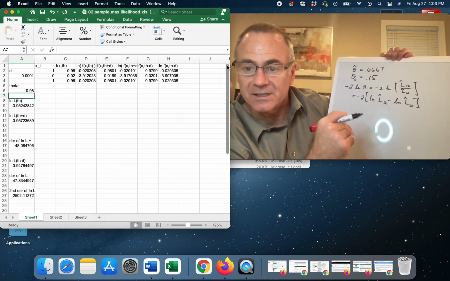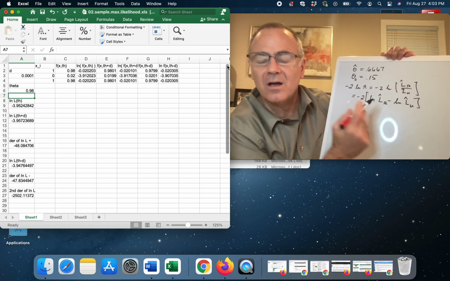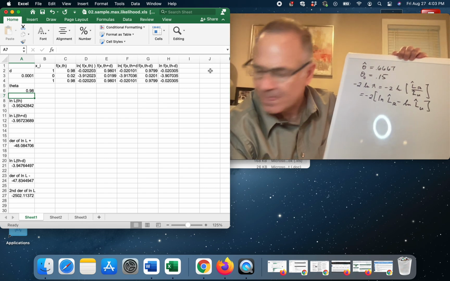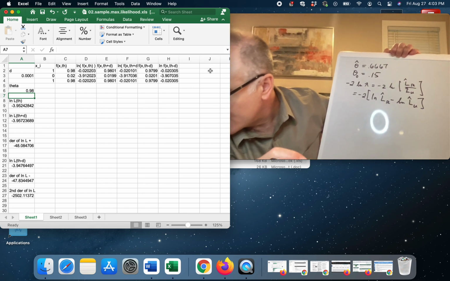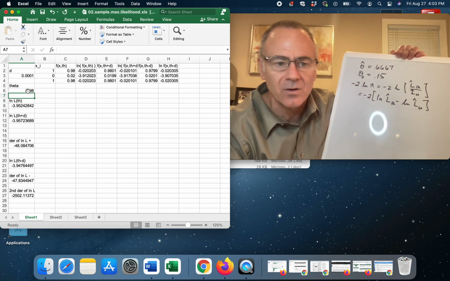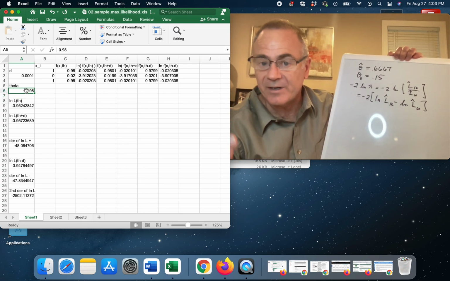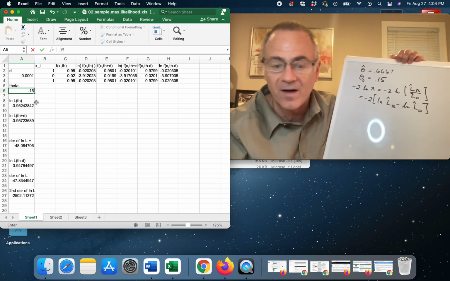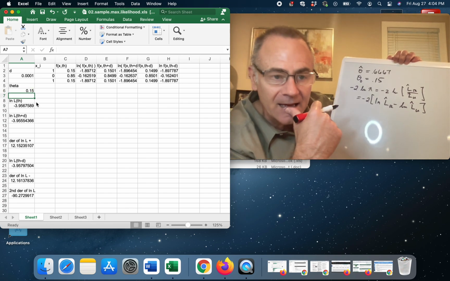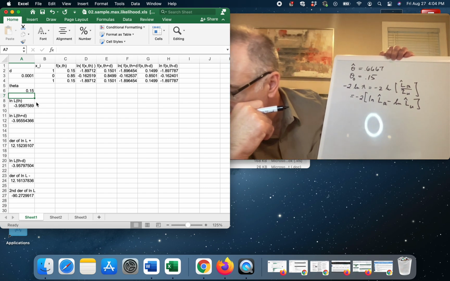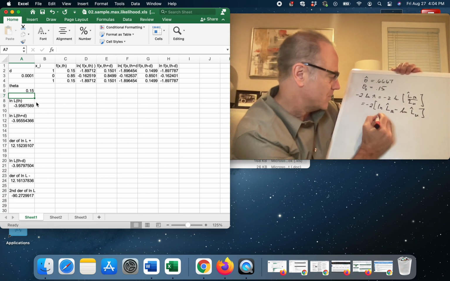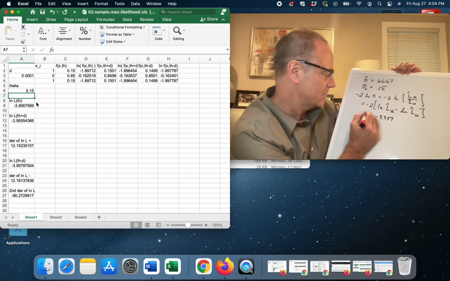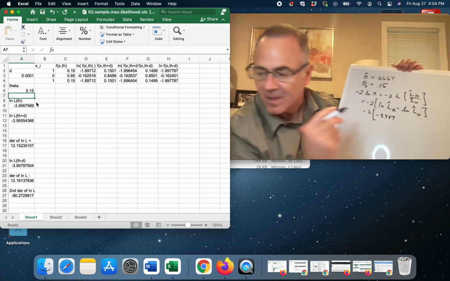Let's compute those things right now. Log of L hat restricted is going to equal, so we go to our spreadsheet. The restricted case would just be where theta equaled 0.15. Let's see what we get. We get negative 3.957. So negative 2 times that.